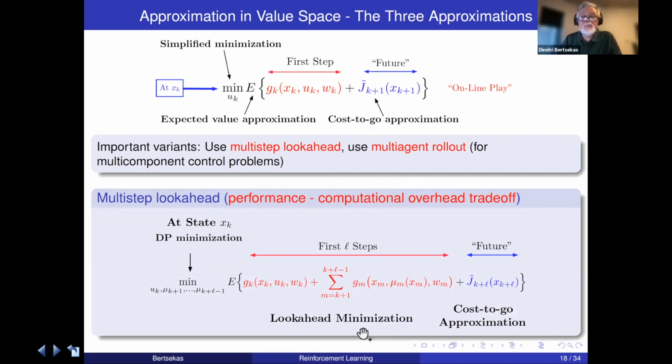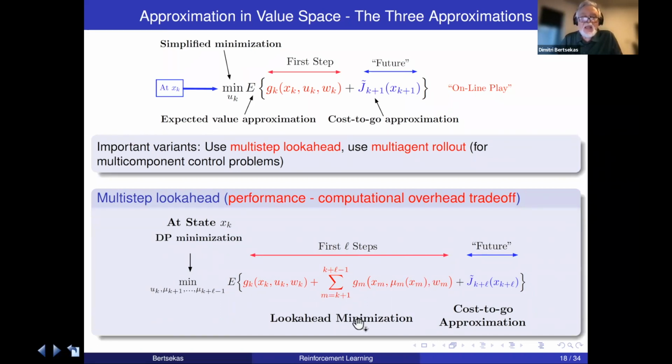So in multi-step look ahead, instead of one step and then the cost function approximation, we look at L steps, minimization, and a terminal cost function approximation. And we minimize over the u of the current stage plus the policies that we're going to follow for the other L-1 stages. So this is a dynamic programming computation involving L steps rather than N steps.